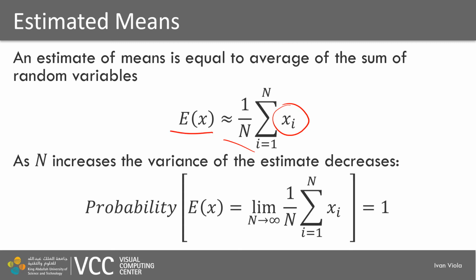With a large number of samples, we are getting more and more confident that the expected value of the samples is actually the expected value of the distribution. And if n goes to infinity, then the probability that the expected value is equal to the average of the sample values is equal to 1.